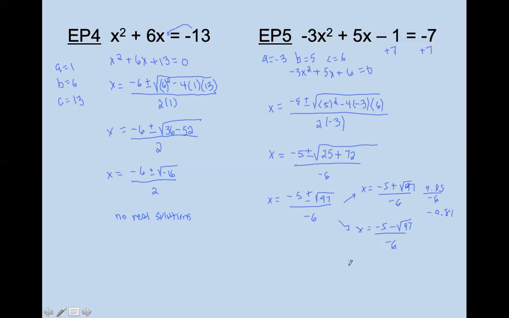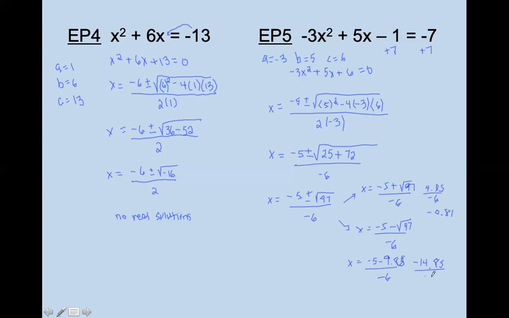This one, I'm going to have -5 minus that decimal number. What did I say it was? 9.85. Divided by -6. That's a 5. So this time we're going to have -14.85 divided by -6.